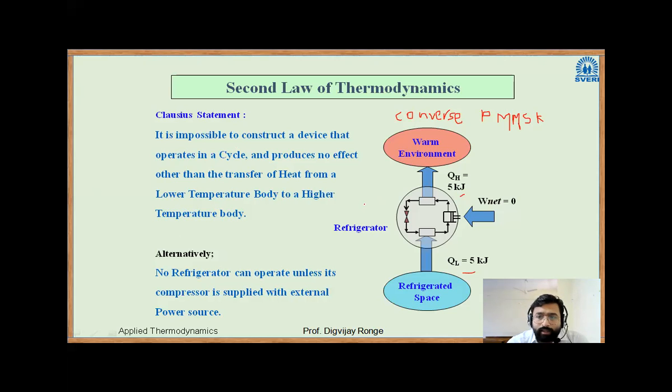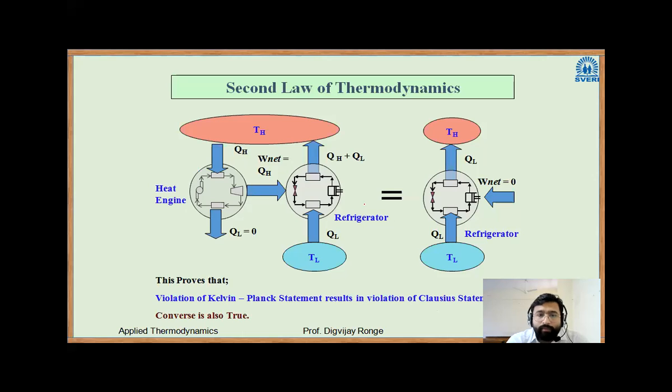Now next is a very interesting finding from the research. Suppose there is a heat engine which violates the Kelvin-Planck statement, and a refrigerator. In this figure there is a source and a heat engine.